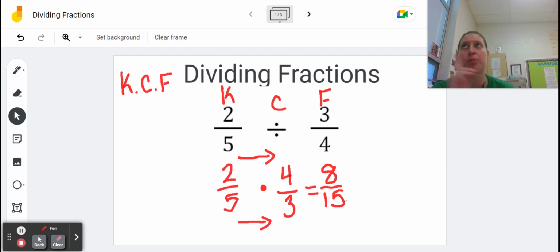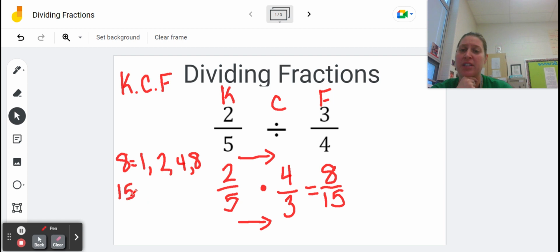So this is where our previous lessons of greatest common factor and least common multiple come into play. I'm going to be looking for the greatest common factor. If I think about my factors of 8 and 15, I'm going to see if I have any factor that is not 1 that they both share. My factors of 8 are 1, 8, 2, 4.